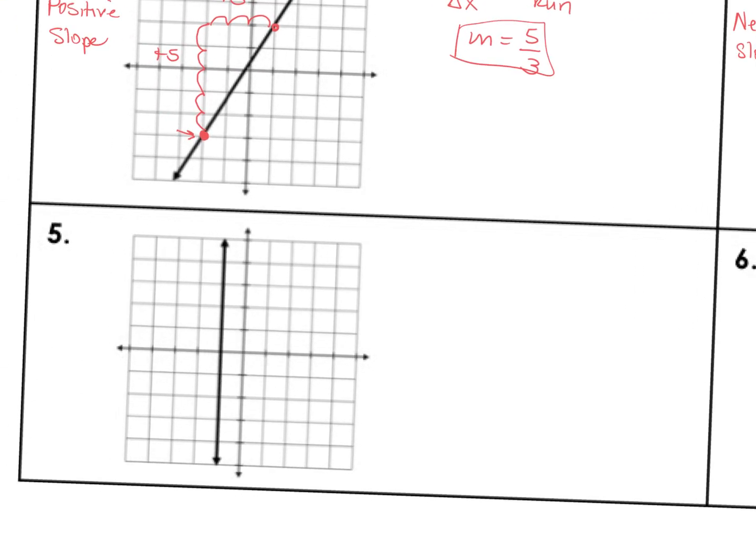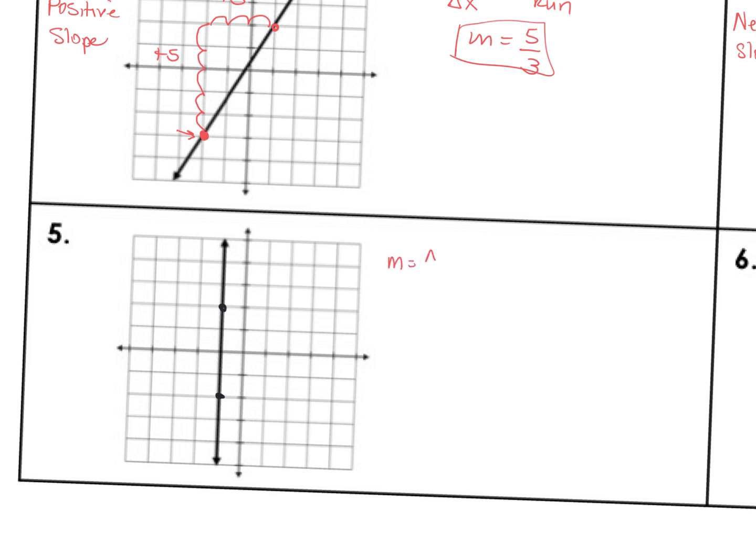Number 5. The points weren't on the copy that we made, so we're going to add these points first. And again, we're going to count.